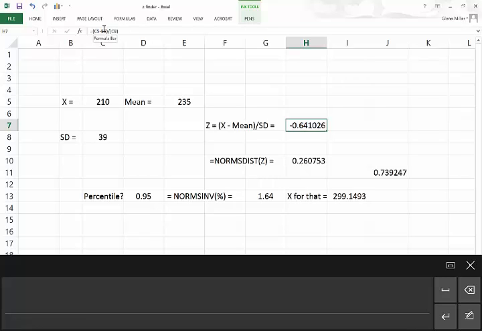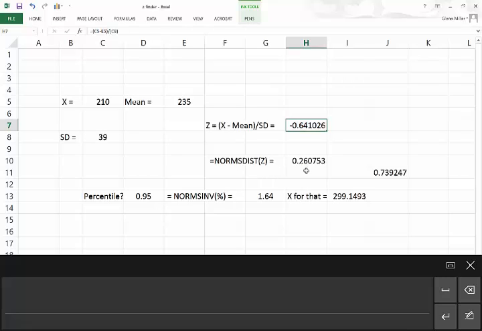I just put in the mean, put in the standard deviation, and then for any x value I type in, I'll have the z-score. And I have the area associated with that z-score here. You use the NORM.S.DIST function in Excel. That gives you the probability of getting a value to the left of this z-score.